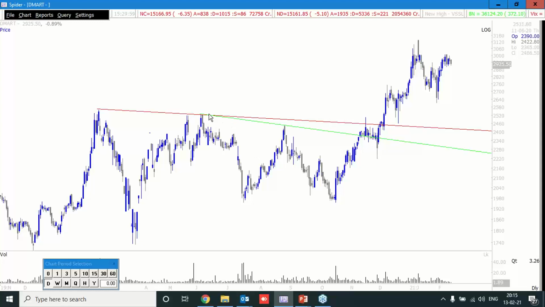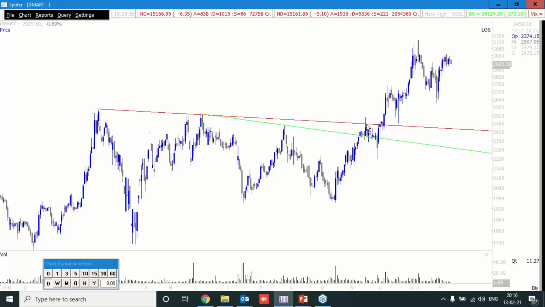But since there was an overhead trend line right above this green line, it can at times happen that the stock may not immediately shoot up. So the idea is that if there are clear skies, if there is no confusion as to how you should be drawing the trend line, or if there is a clear trend line, then the breach of the same would really catapult the stock, and there would be a quick move in the stock.